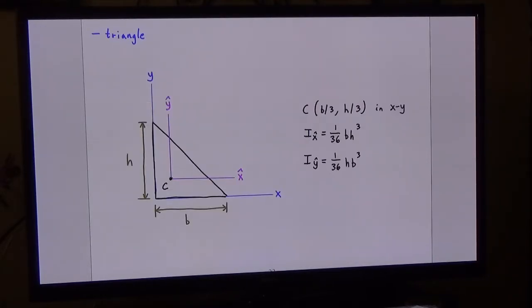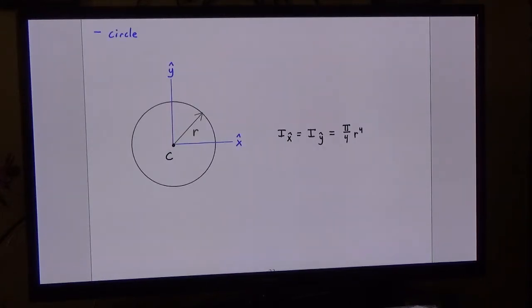For triangles, we have here the centroid location, which we know as b over 3, h over 3 in the x and y coordinate frame. Moment of inertia about the centroidal x-axis is given. Moment of inertia about the y centroidal axis is given here, based on the dimensions of the triangle, b and h. Another one that we're going to use, a circle. We're given the centroid location right in the center, and then I about x hat and I about y hat happen to be the same for a circle.